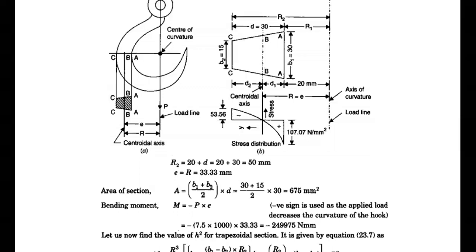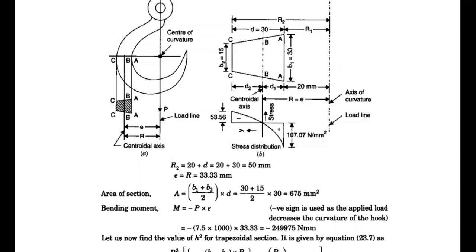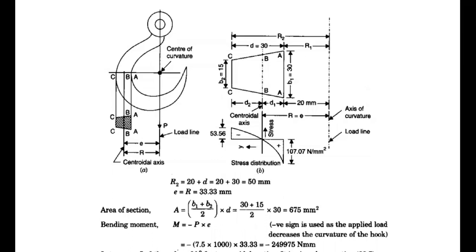Now, we already studied one problem regarding the crane hook, and the crane hook contains what type of cross section here? It is a trapezoidal cross section, as you are observing in the figure on your screens.